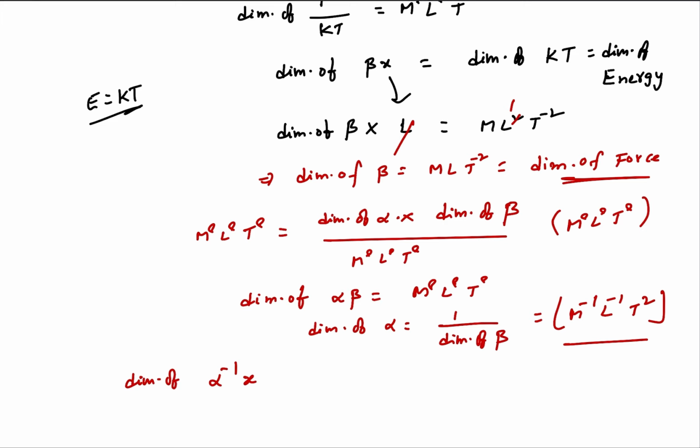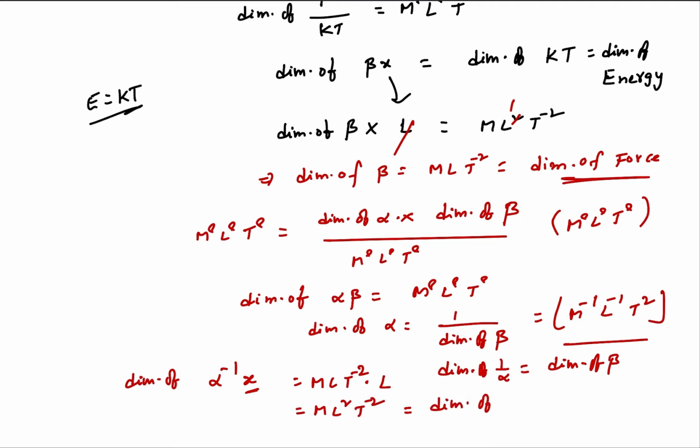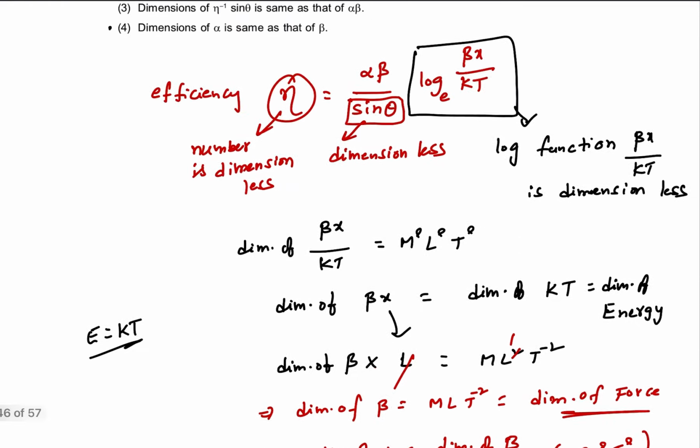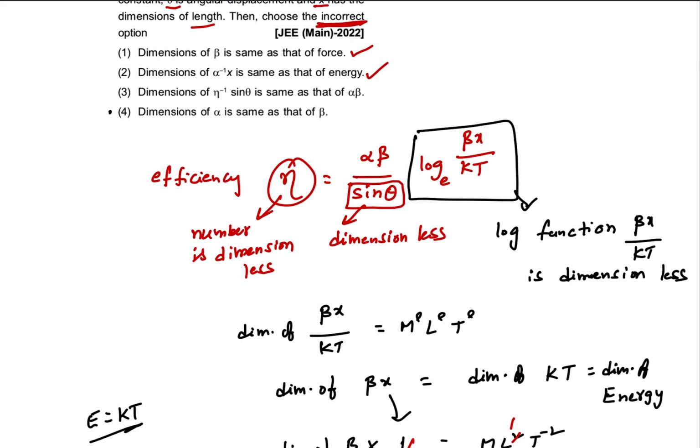Check the dimension of alpha^-1 into x: the dimension of 1 by alpha is equal to the dimension of beta, which is M L T^-2, into the dimension of x, which is L. So we get M L^2 T^-2, that is the dimension of energy. So it is correct. Now this option is also correct.